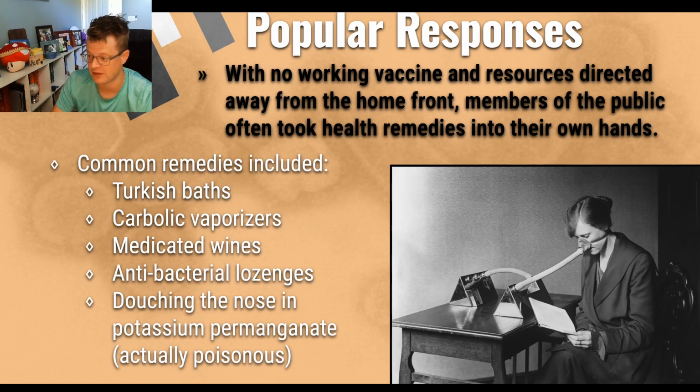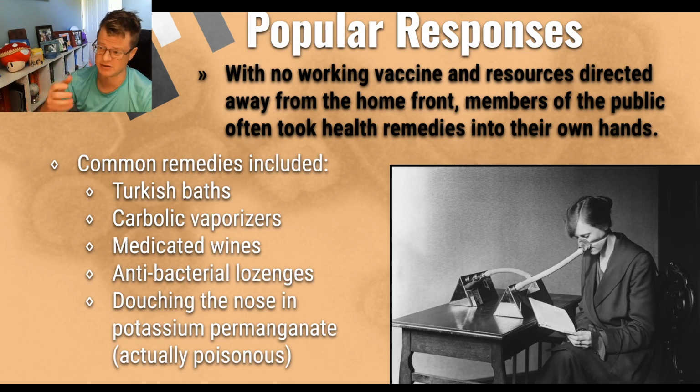And so everything from Turkish baths or carbolic vaporizers, medicated wines, antibacterial lozenges. So that's like a Ricola that would kill bacteria. One of the more zany ones that was, again, recommended by the British government was douching your nose in potassium permanganate.